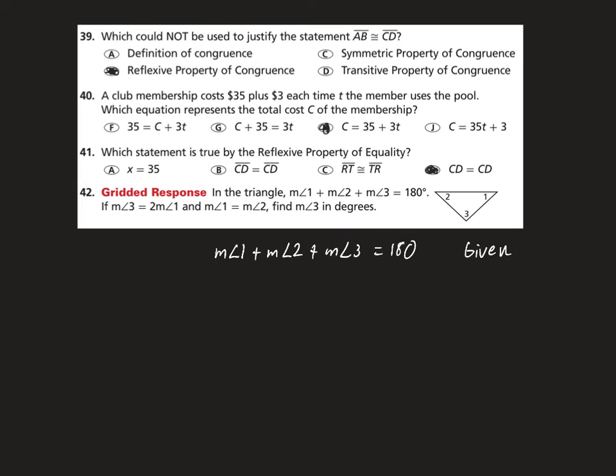Measure of angle 3 equals 2 times measure of angle 1, so we replace measure of angle 3 with 2 times measure of angle 1. And measure of angle 1 and 2 are the same, so I'm going to say this is measure of angle 1. It's 180. So this is the substitution property of equality. Substitution.